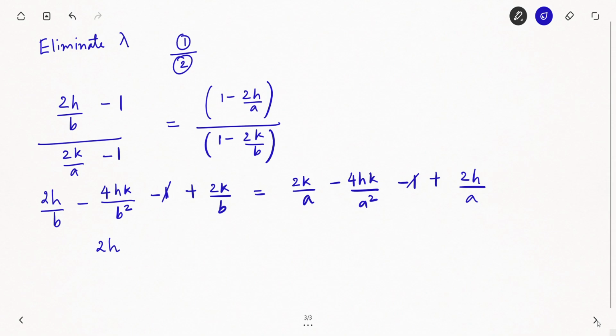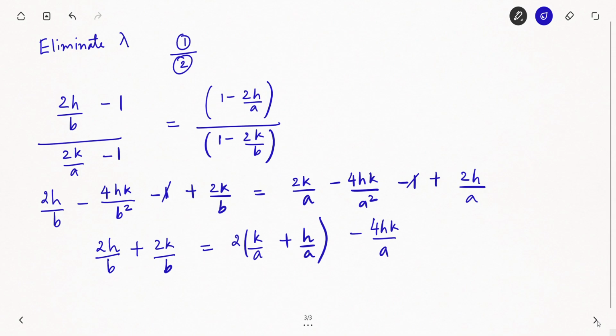Then 2h by b plus 2k by b will be on this side. Here it will be 2k by a plus 2h by a, and minus 4hk by a square, and this term will also come to this side, then it will be plus 4hk by b square.